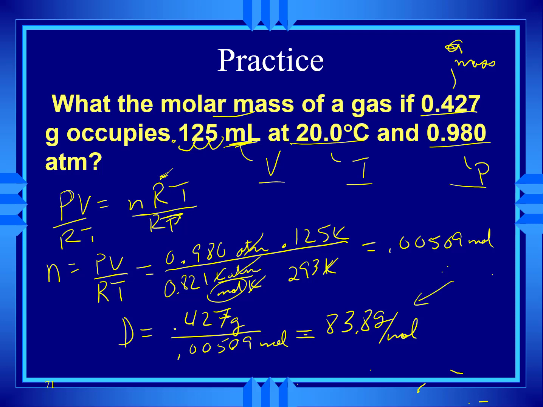And if you check, this could be krypton, because krypton's molar mass is 83.8 grams per mole. So you see, we can find the molar mass, 83.8 grams per mole, so we know it's krypton. So the density can help us identify what the gas is.